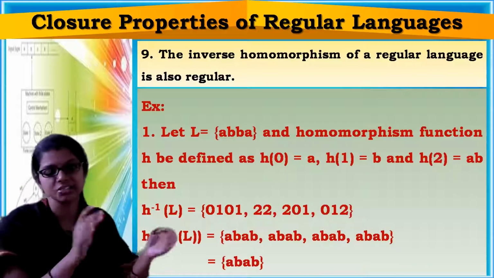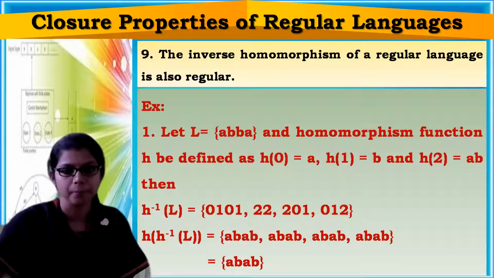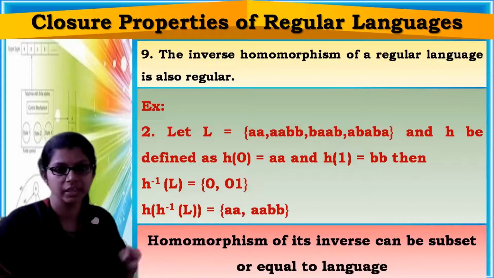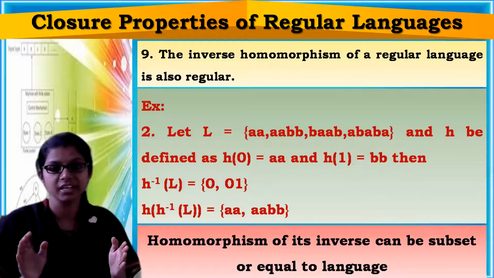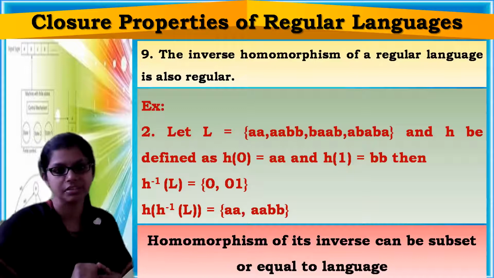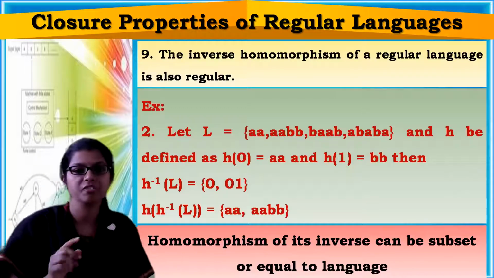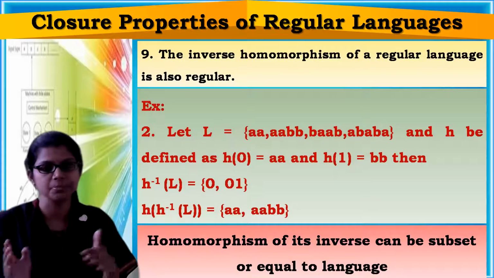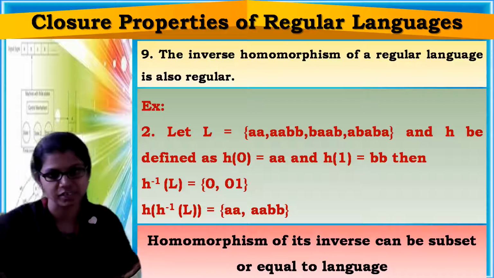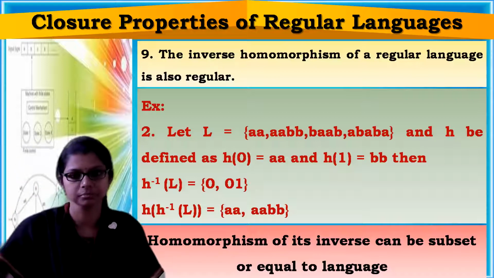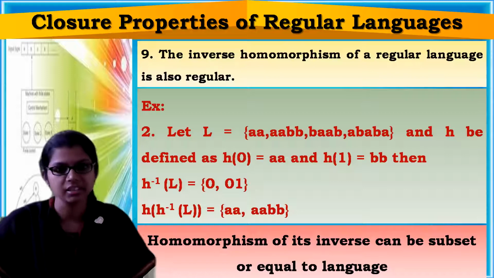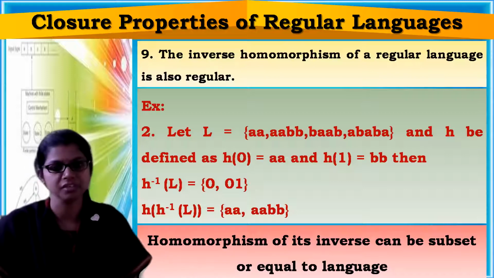As a whole, it generated the language, right? But in example 2, it is generating only two strings of the language. So, the homomorphism of its inverse can be a subset of or equal to the language. That you have to remember. Okay. So, these are the nine closure properties of a regular language. Thank you.